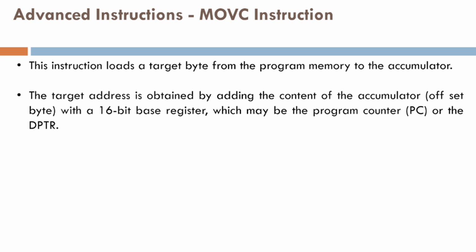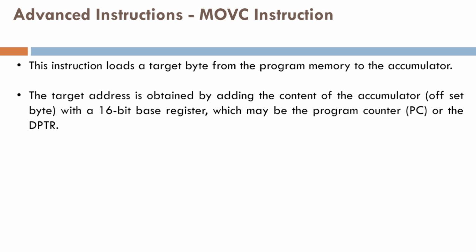This is a bit different from the others. Again, I'm saying we are trying to load a target byte. Target byte, in the sense, is the byte that we want to fetch. We are calling that the target byte. We will take that from the program memory and put that into the accumulator. So how are you going to get the target address of the target byte?